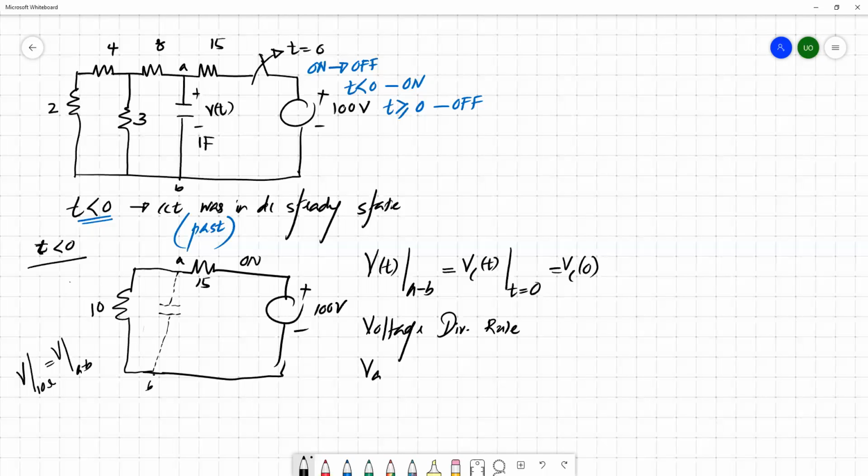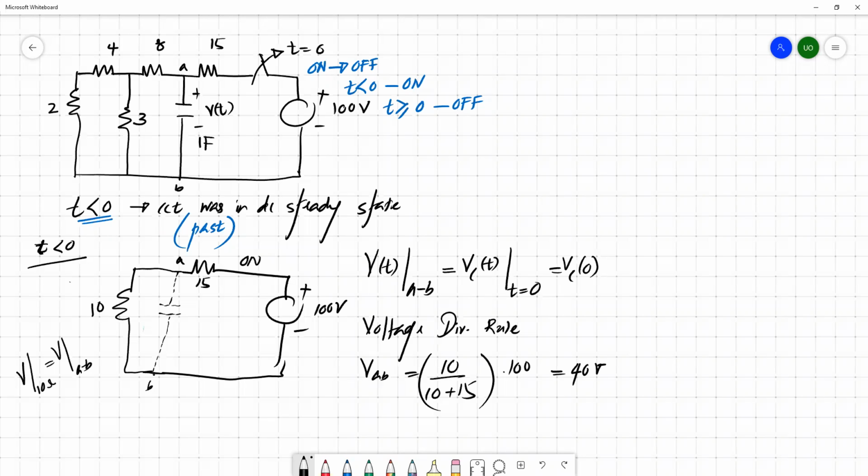VAB equals 10 divided by 10 plus 15, times 100, which is equal to 40 volt. So actually there is 40 volt appearing across the 10 ohm resistor.